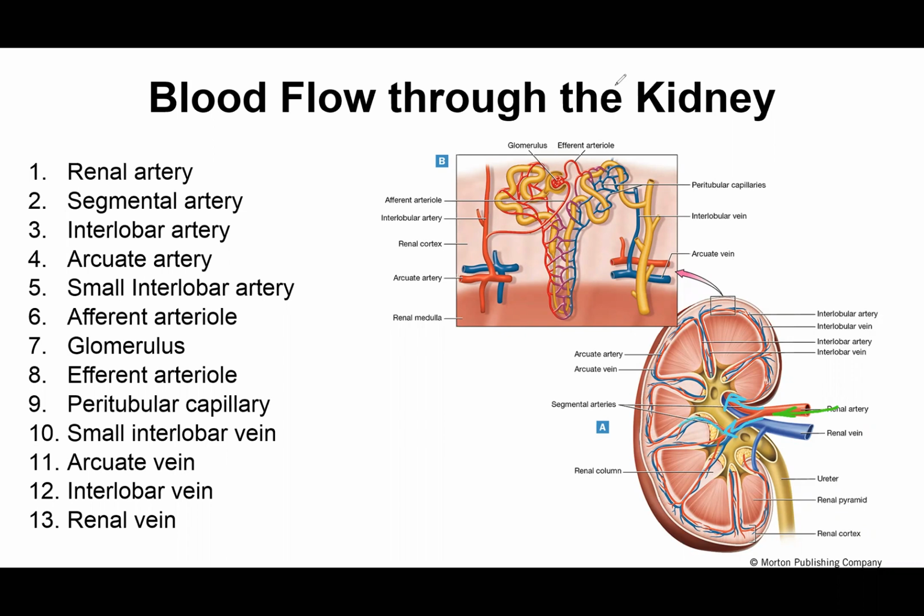We see there's a branch. Let me just do it in another color so we can keep this going. So we're going to have the branches of the segmental arteries here, here, here, and each of these are called an interlobar artery. Okay, so interlobar artery.